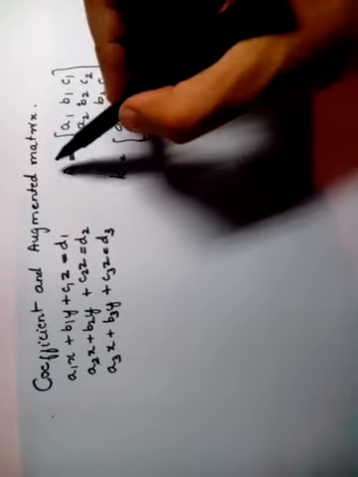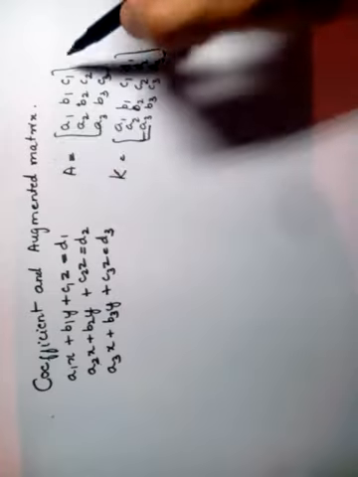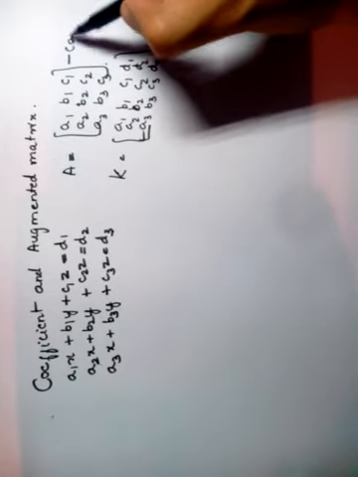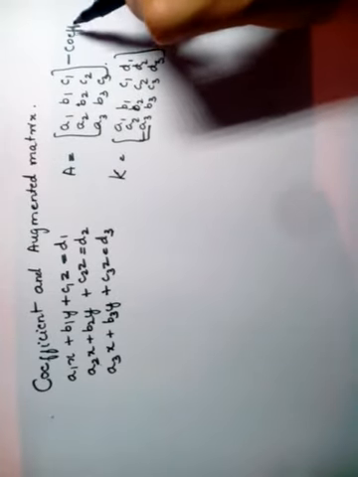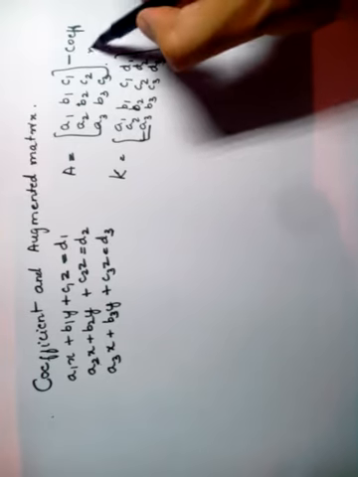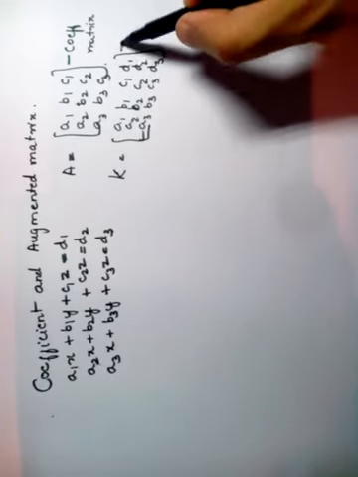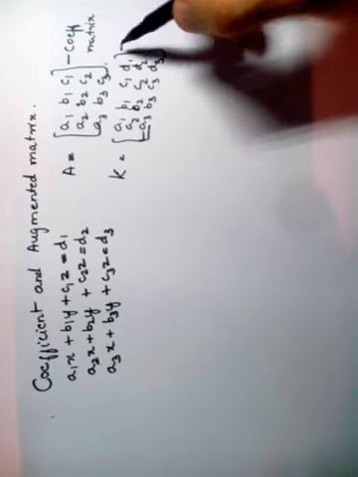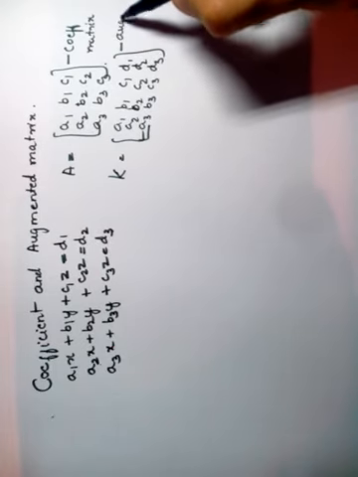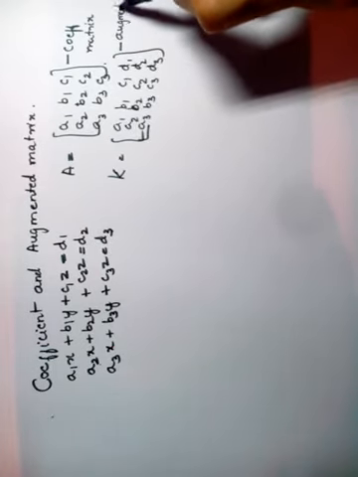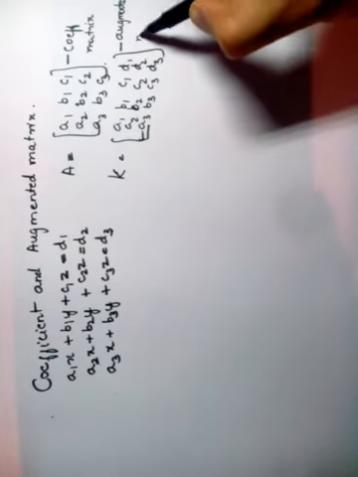So this is the coefficient matrix, whereas this is the augmented matrix.